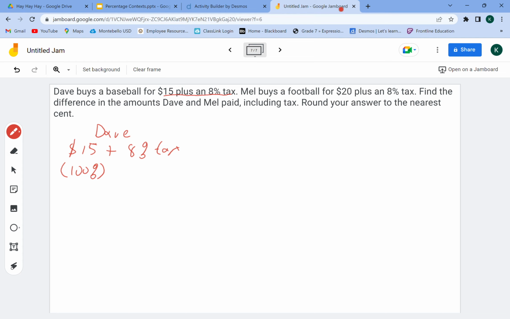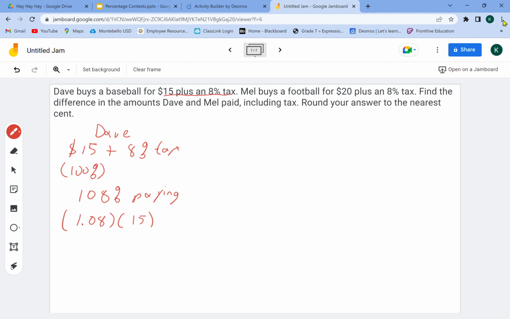And since you're adding an 8% to this, 100 plus 8 is 108% altogether that you're paying. So what we want to do is find out 108% of 15. So you'll have here 1.08 multiplied by 15.